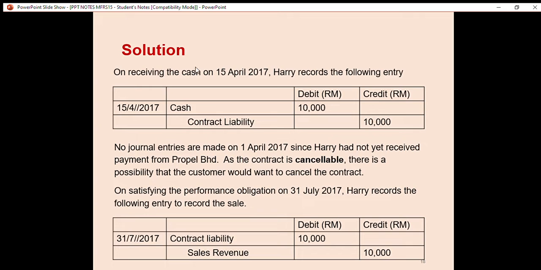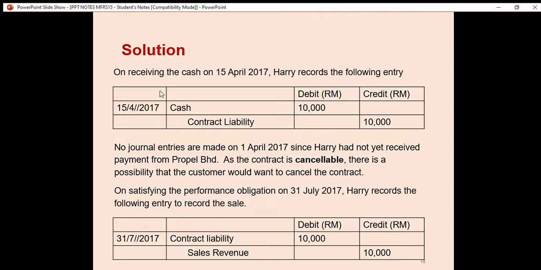Here, we make the first journal entries on 15 April 2017, not on 1st April 2017, because the contract is cancelable. That is when payment is received from the customer.